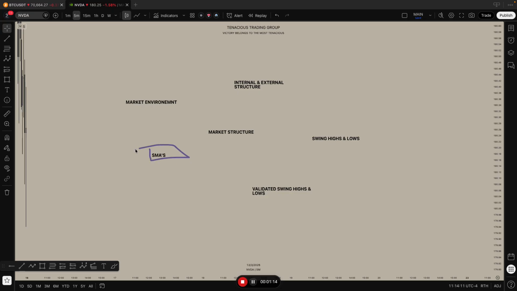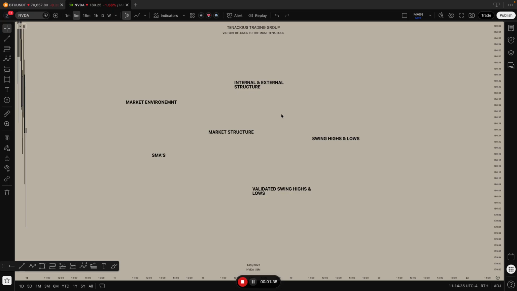The SMAs help to filter out noise. It's the green light within the markets. It helps to simmer out chaos, and it gives you peace, because with the SMAs you're now able to have an immediate bias, and then from there you can start looking for market structure and stuff like that. So when you pair all of this together, guys, this is the core, this is the foundation.